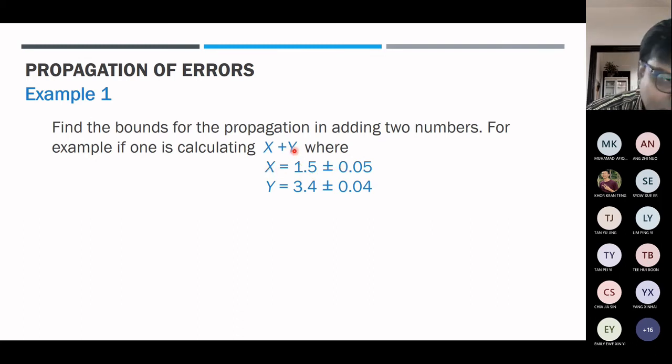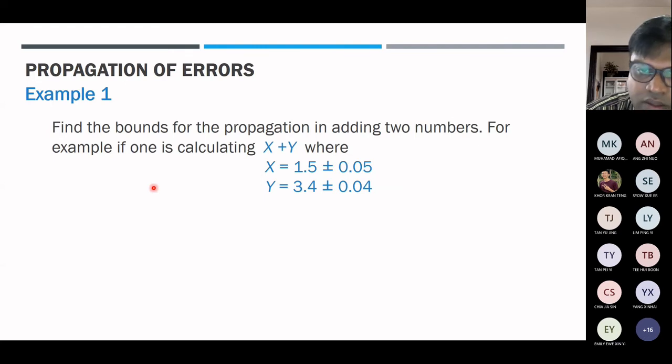Likewise for y, the error is plus minus 0.04, so it could be 3.44 or 3.36. Those are the two possible values of these numbers. Now how do we overcome these issues in order to write the propagation error? How do we need to write that?